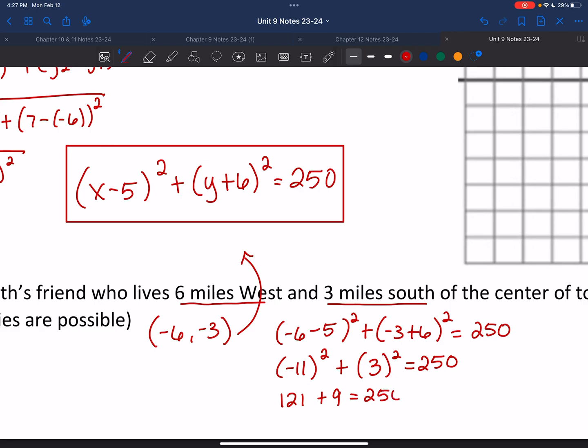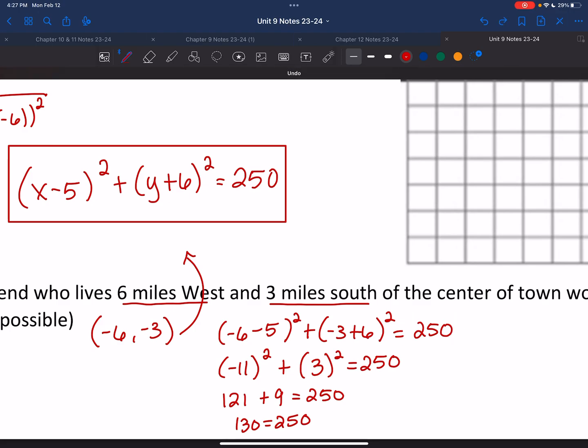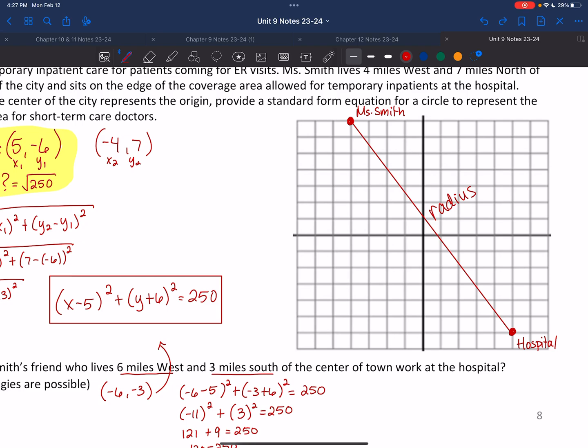And so I'm going to get 130 equals 250. Now, you might be thinking, well, that's not accurate. 130 doesn't equal 250. And you're right, it's not. But the way this works is that we know that this number, this 250, represents our radius squared, right? So anything that is less than this number on the right means that it's sitting inside that circle.